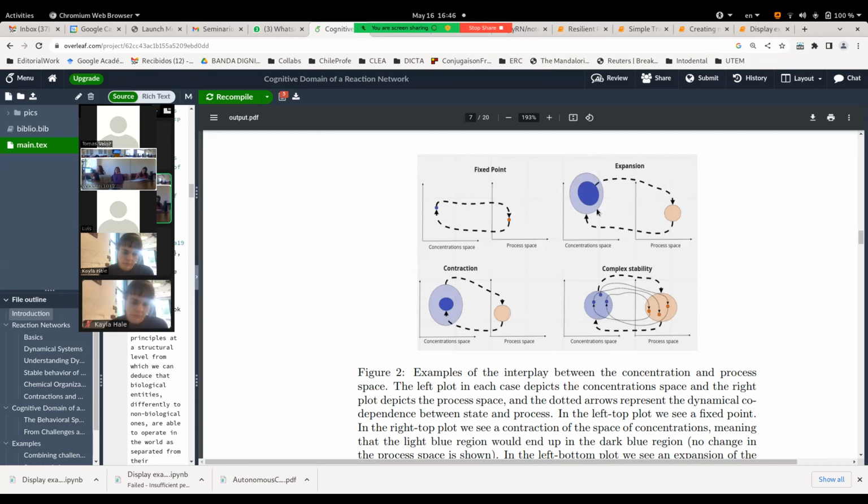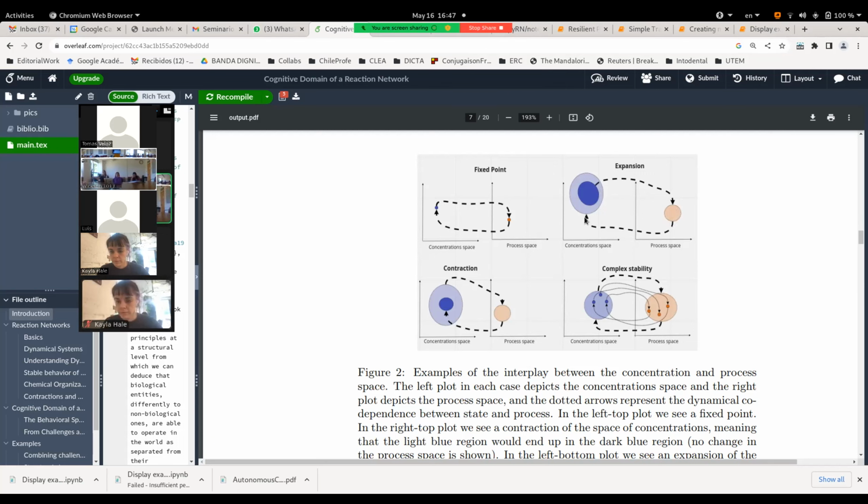We can have dynamics that are expansive. That means that we start from the deep blue color, a certain region of the phase space. This is more related to the Monte Carlo simulations that I received a few questions about. So if we start from a certain region of the phase space, the dynamics will map to a region of the process space, which in turn might map to a larger region of the phase space.